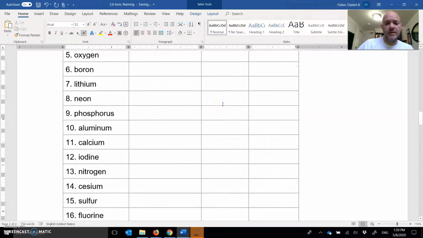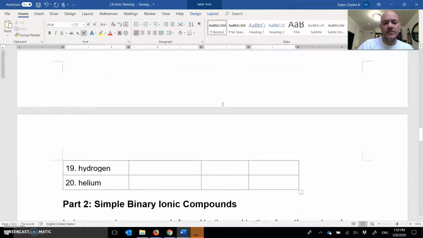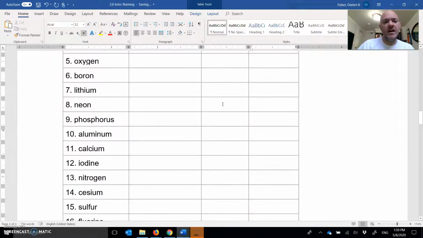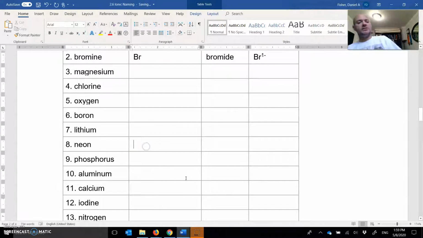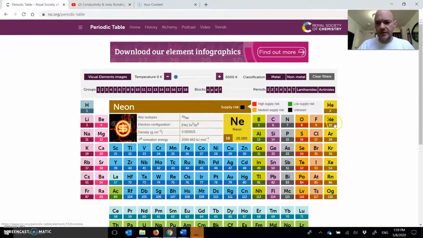That's what we're thinking about with this table, filling it out all the way down through helium. I will give you one other hint. I'm going to come down here and look at number 8, neon. So I'm going to find that on the periodic table. Ne, it's right here. Okay, that one's weird because I know these are +1, +2, +3, not really forming ions, -3, -2, -1, not really forming ions.